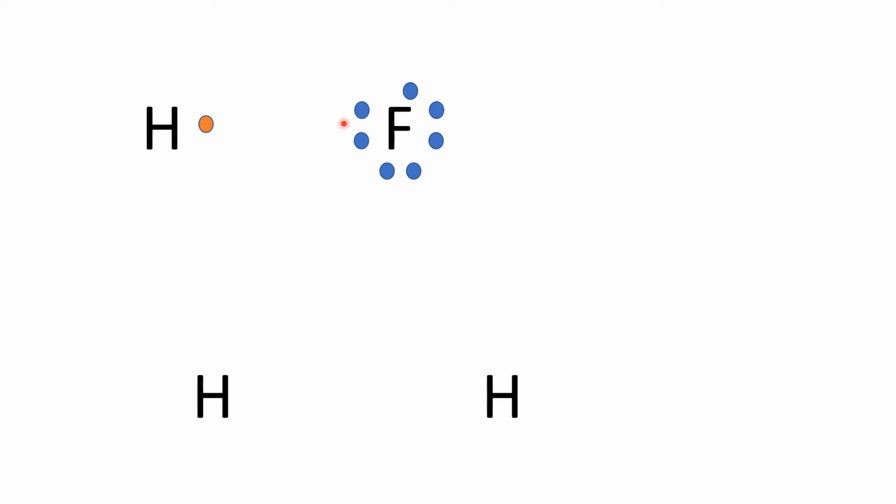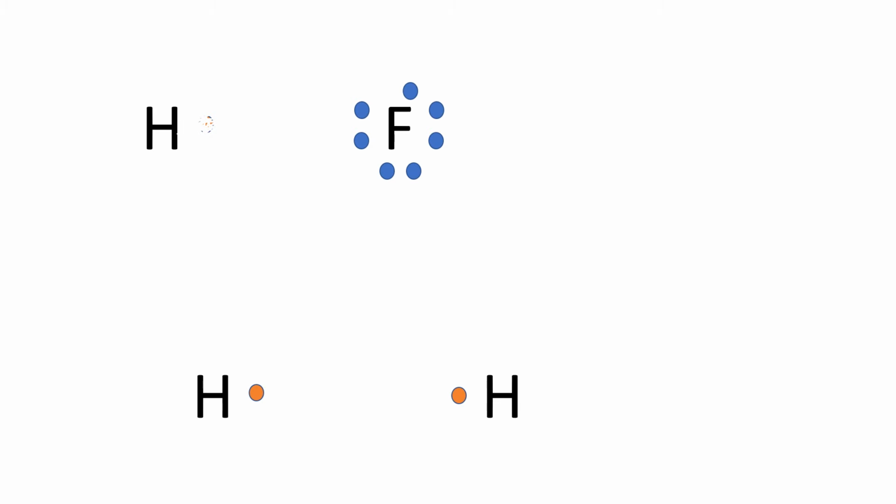Down here, I have a contrasting scenario where I've got 2 different hydrogen atoms. And again, that hydrogen has its 1 electron. We can call it a valence. And so does this other hydrogen. Now, in the case of the hydrogen fluorine, the hydrogen is actually going to lose its electron.